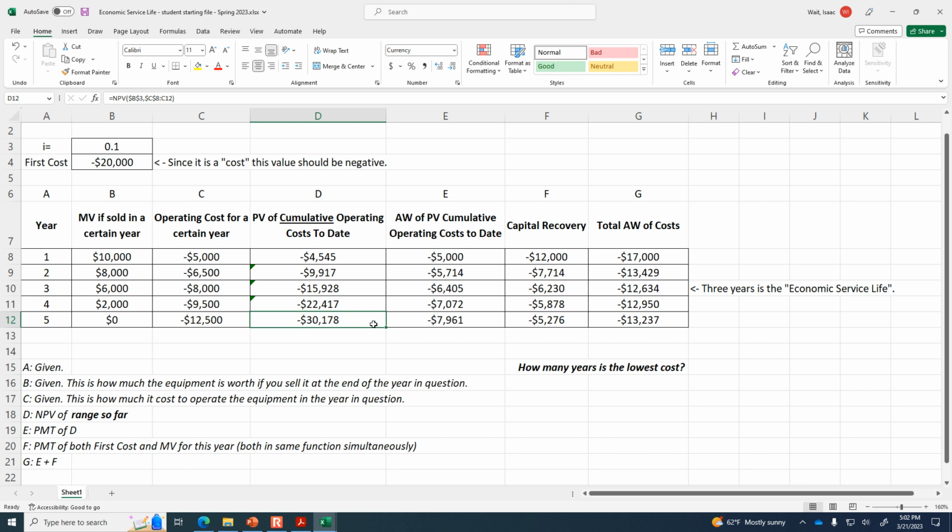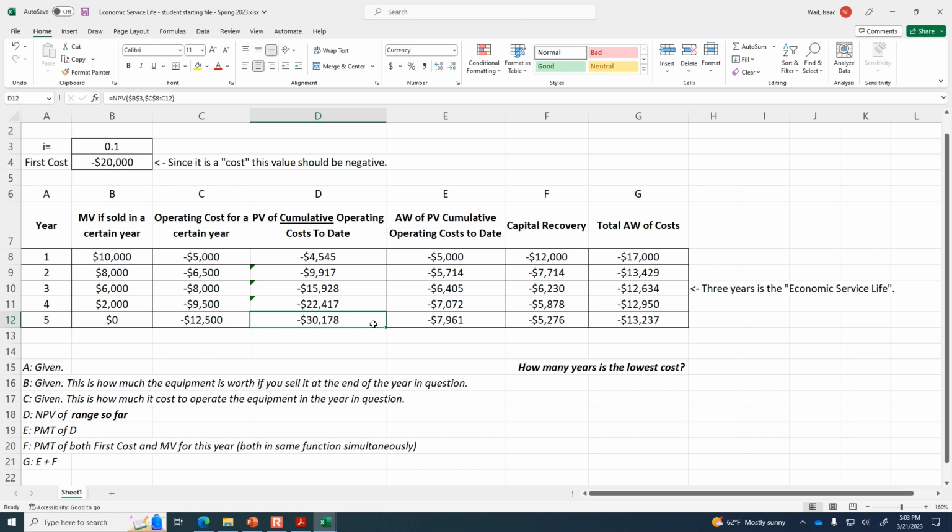So 1, 2, 3, 4, 5. So we found that the lump sum was 30,178. And so we've got 30,178, and we want to find out what is the equivalent annual amount. So it is 7,961.